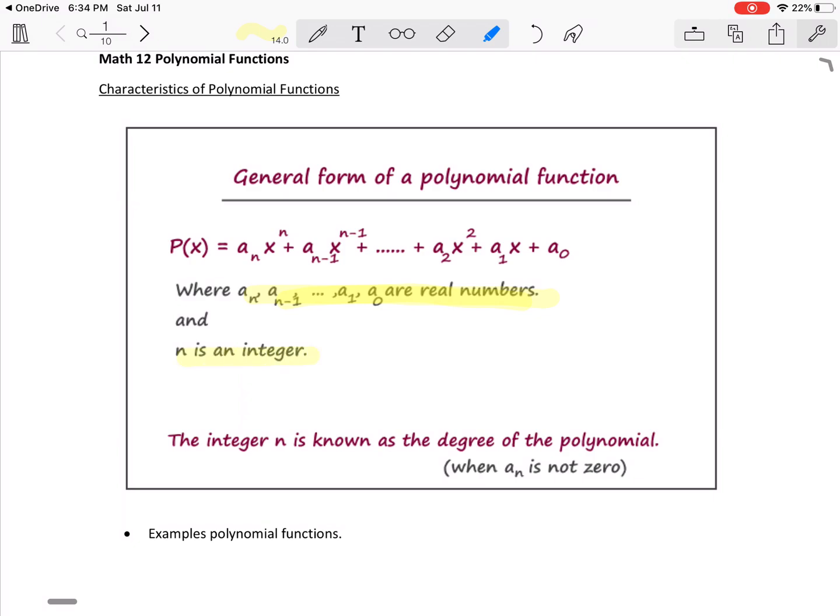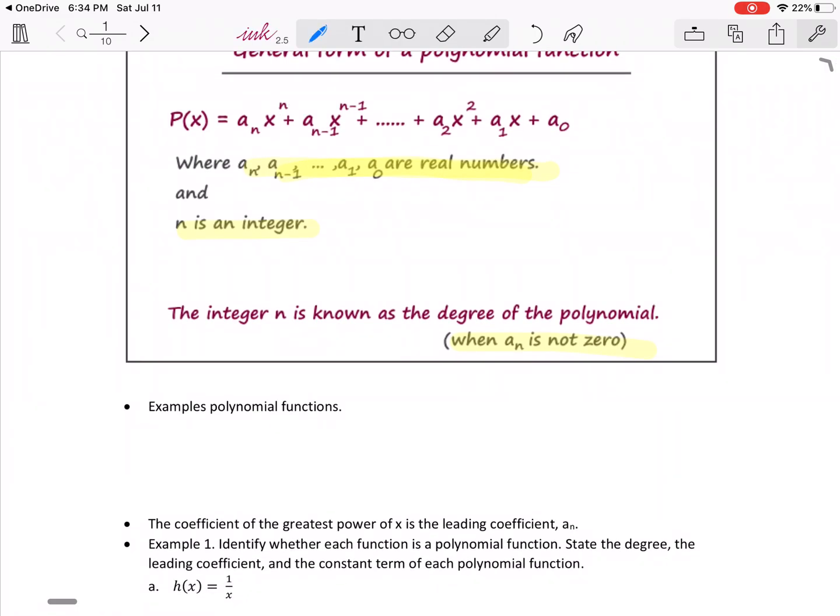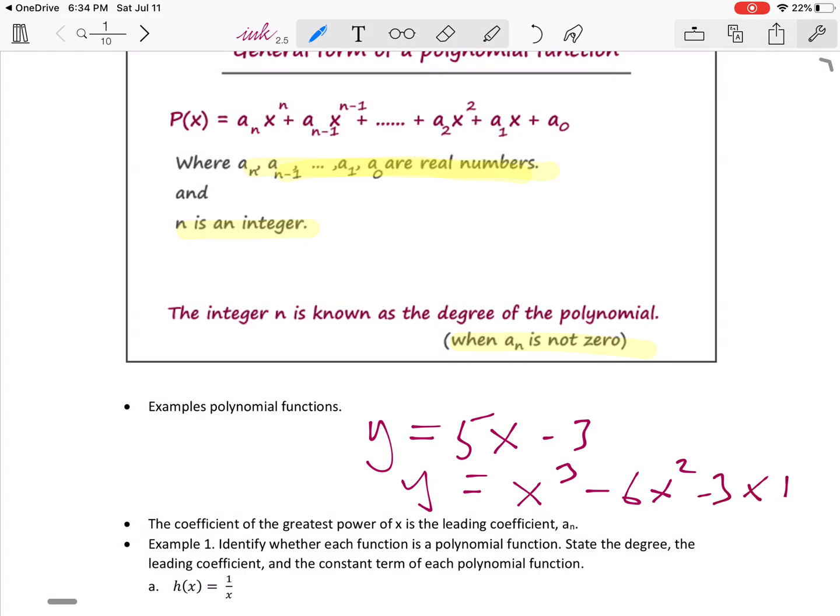Okay, which means that it has to be a whole number, and it can't be 0. Okay, so an example of a polynomial would be something like y equals 5x minus 3, or y equals x cubed minus 6x squared minus 3x plus 2.